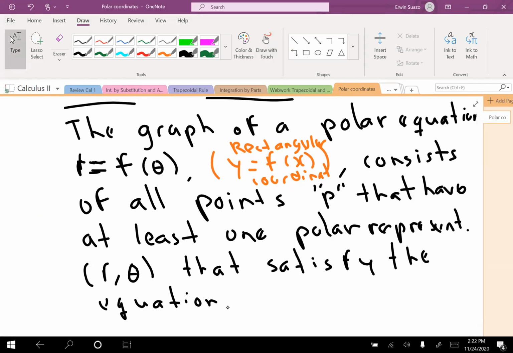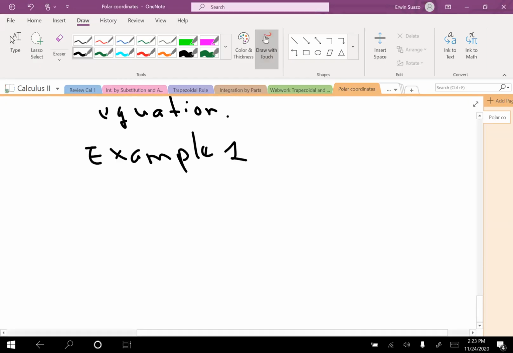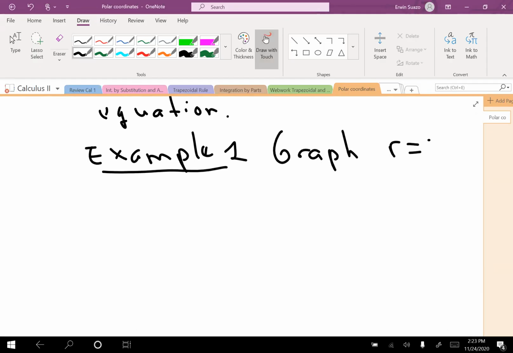Okay. So this is kind of interesting. So for example, example one. Basically what we're going to do is graph here. Graph the equation r equals 2.